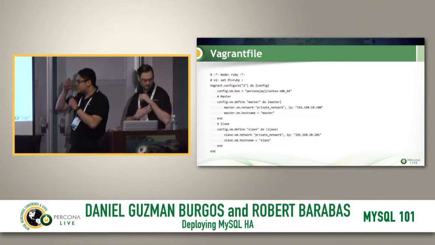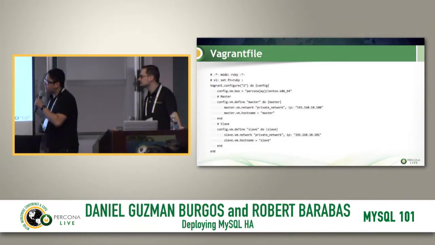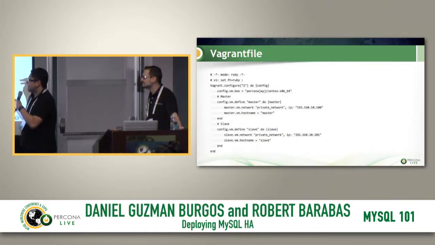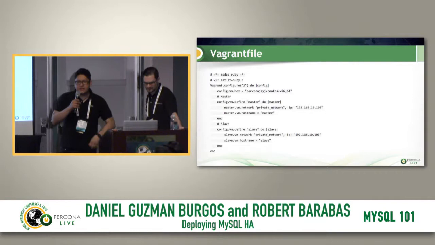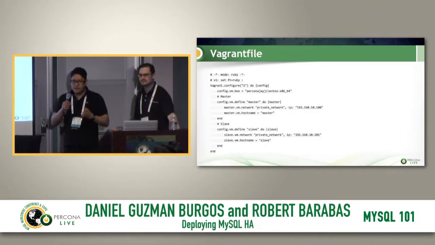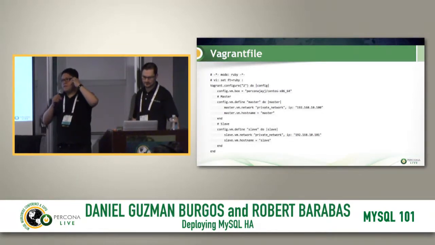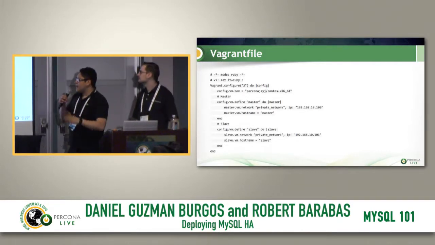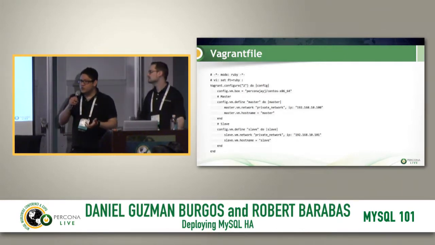The key part of this Vagrantfile is first the box, which is this part. What's the box? The box is the operating system, the machine image, like an AMI, that we're going to use.